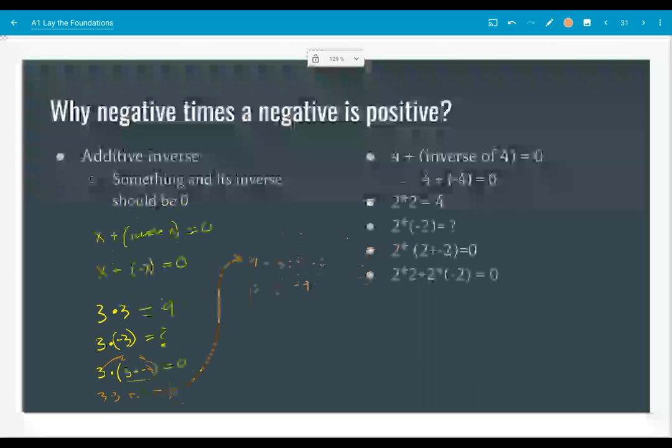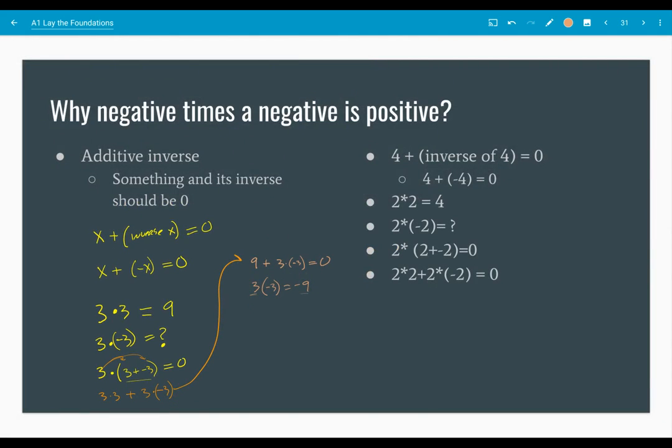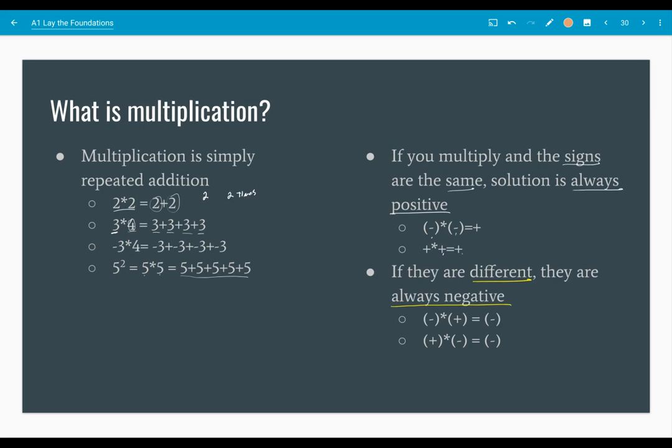So there's your proof using the additive inverse property about why signs work this way. It's not important that you need to know that, but I felt it was important that you saw where it came from. If that's something that just doesn't click for you, just remember these right here.